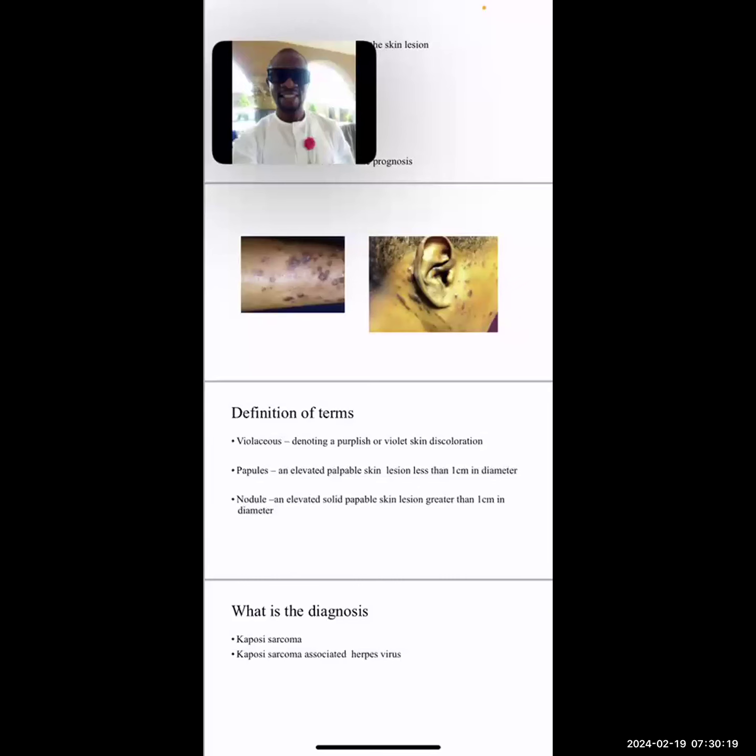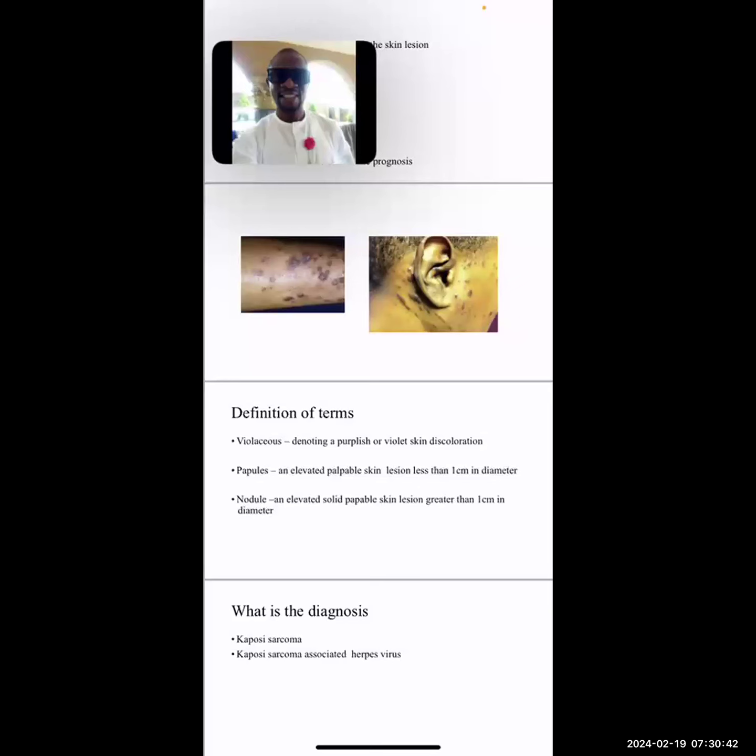The extent, the features that we see, and the way it's located will be described. Depending on what picture is brought for us, but for this one, we can describe it as violaceous papules and nodules around the ear, extending towards the jaw and around behind the back of the ears, because that's the only part that is visible.